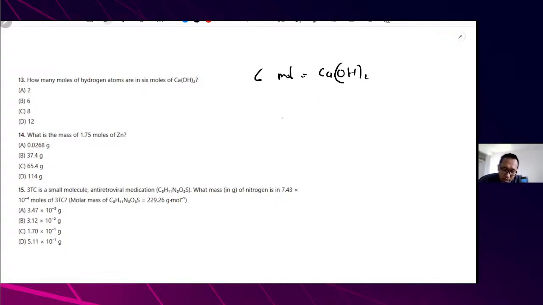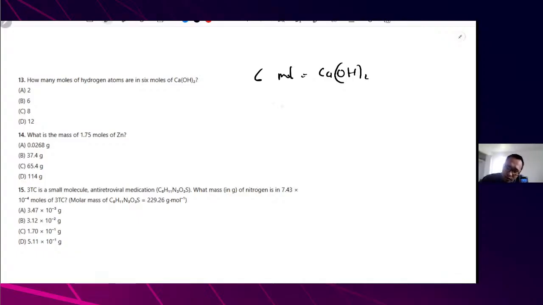The total is 6 moles. And how about if we want to know the moles of hydrogen atoms? In this case, we need to determine it one by one. Each formula contains 2 hydrogen atoms, so every one mole is 2 moles.